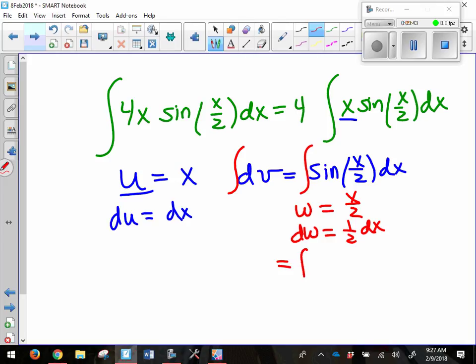So my integral becomes 2 times the integral of sine w dw. Yes? Because I have to solve this for dx, and dx is equal to 2 dw. You with me?